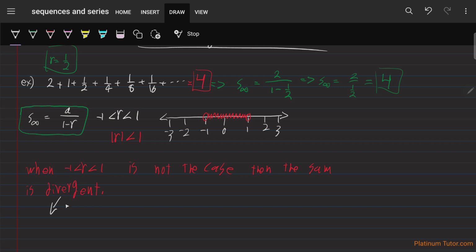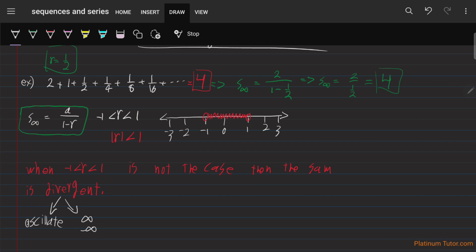So there's two things that this word divergent can mean. One is the sum goes to infinity or negative infinity. And the other one is that the sum oscillates. Okay, so let's write that down. Okay, so those are the two cases.